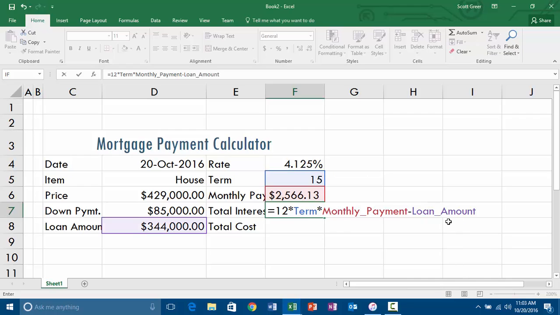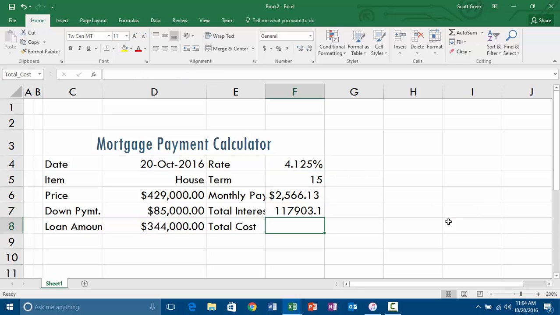If we think this out, we want the number of payments multiplied by 15 times 12. So we know the total amount of money that we're spending, and subtract off how much I borrowed originally. So this is a good formula to figure out, after I pay off all these, how much extra am I paying? And the answer is, I'm paying an extra $117,000 in interest.